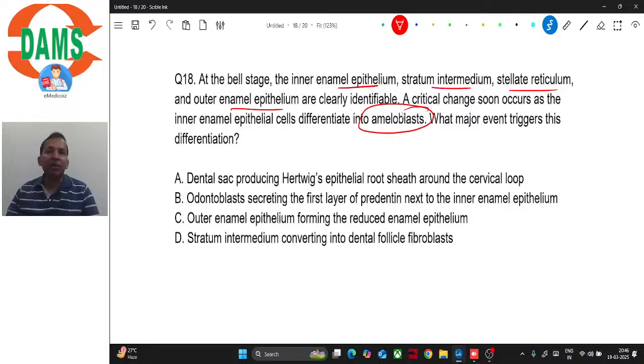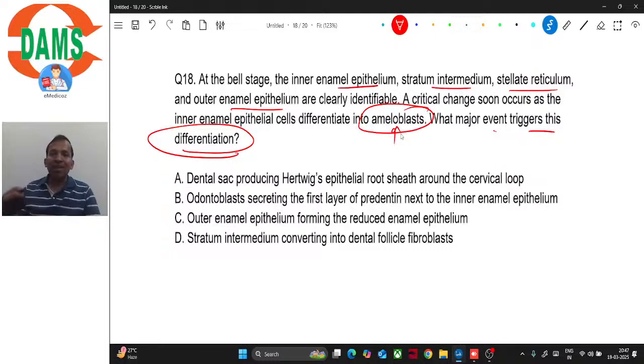And what is this critical event? It is the formation of enamel. So what major event triggers this differentiation? So the question is asking about the differentiation of ameloblast or the trigger factor that stimulates the pre-ameloblast to convert into ameloblast. So that is what the question is asking about, isn't it? So options are dental sac producing Hertwig's epithelial root sheath around the cervical loop.